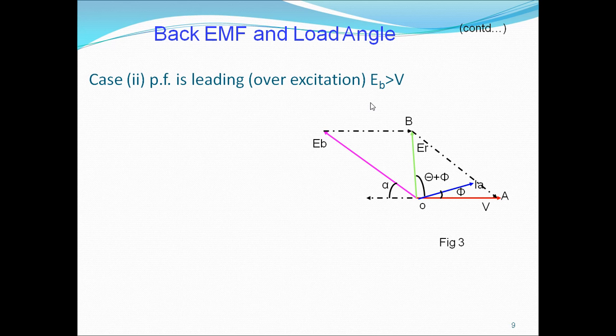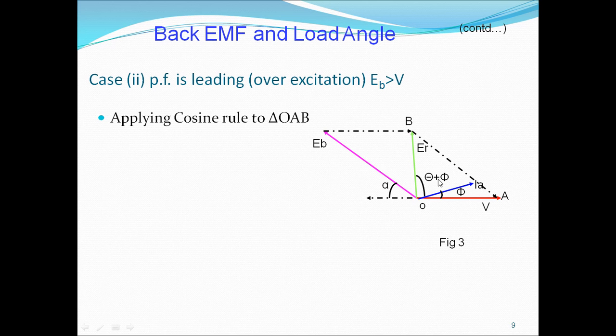This is the next case. Similarly, if you take the triangle OAB, as the current is leading the voltage, your red line is the voltage vector and the blue line IA is the current vector. It leads, so it comes above the voltage vector by an angle phi.